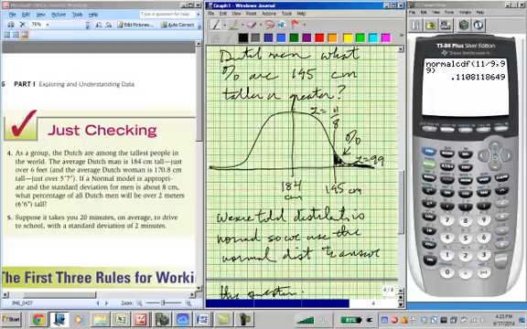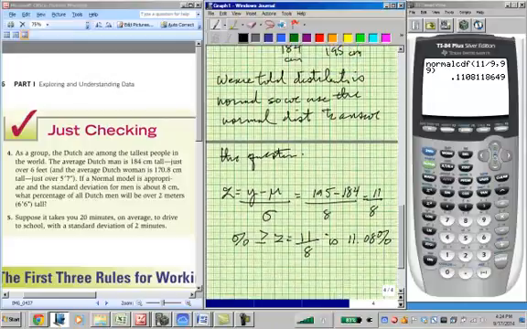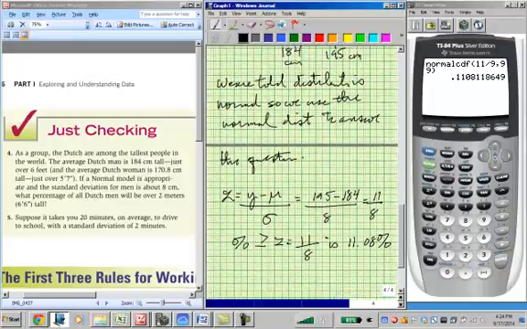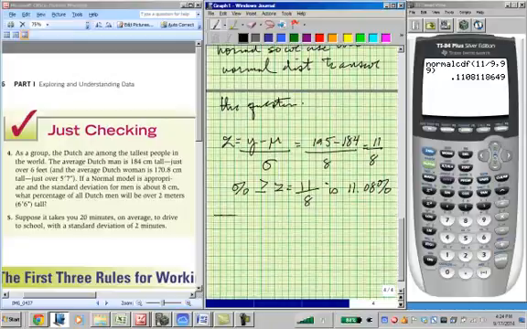Okay? And that's that. Now, just try to reproduce this. Go through this, and here, you know what I'm going to do? Here, do this.